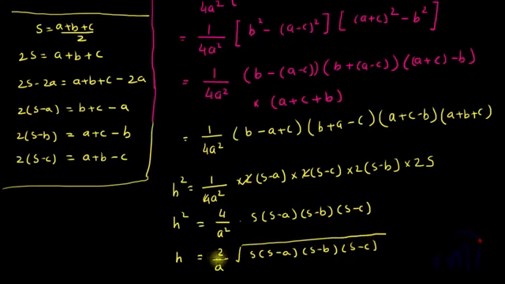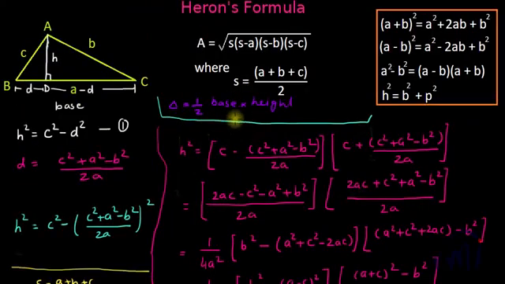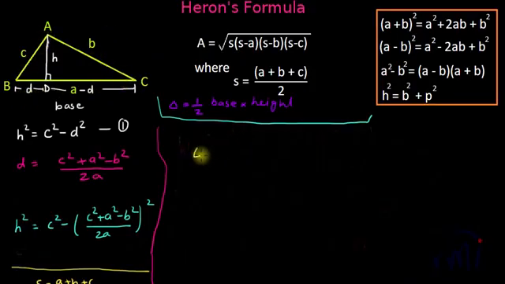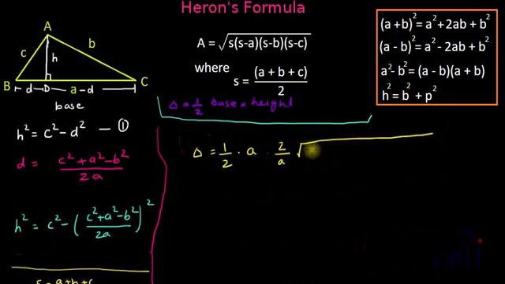So this is height, and if I substitute this height in this formula where base is a, we can write the formula for the area of this triangle. So let's do that. So the area of triangle will be 1 by 2, base is a, and height we have found 2 by a square root of s into (s minus a) into (s minus b) into (s minus c).